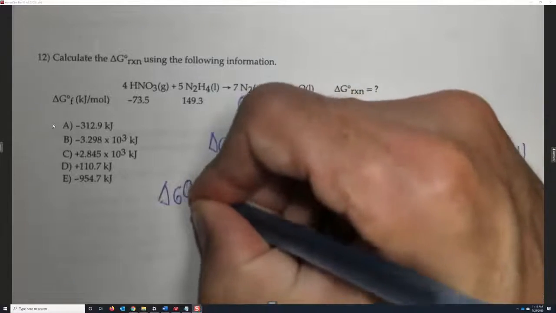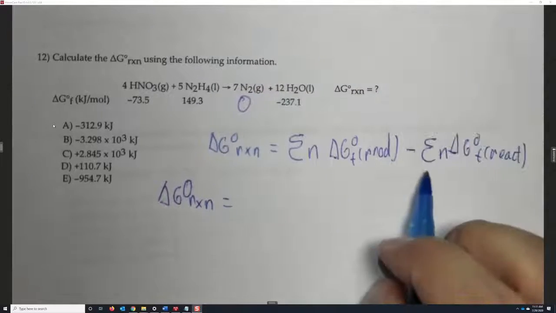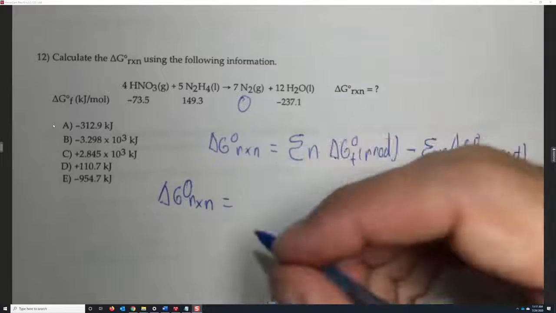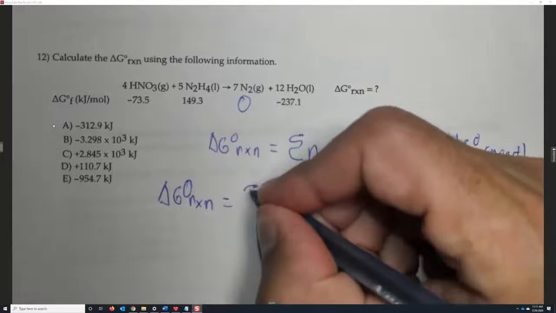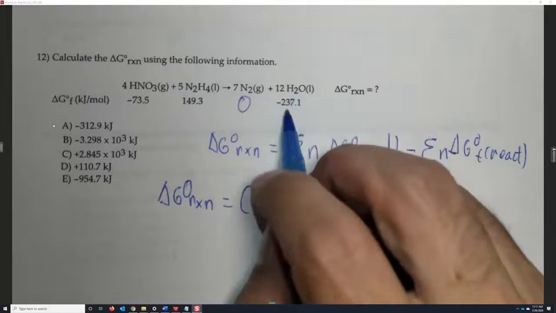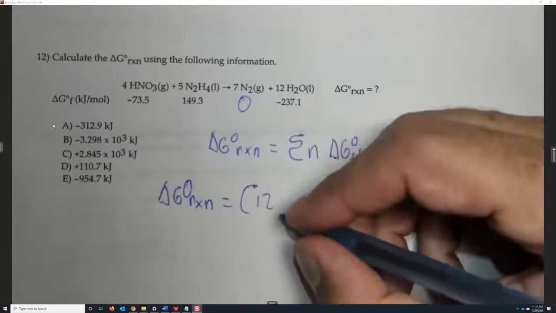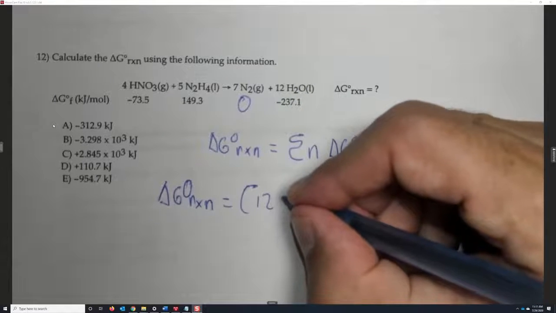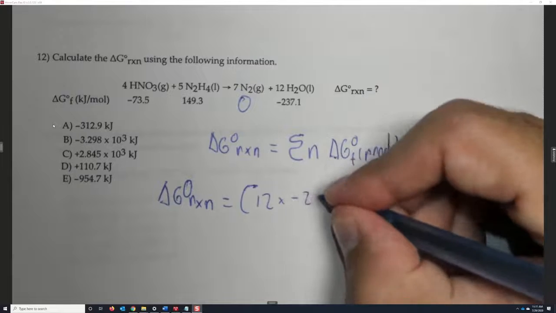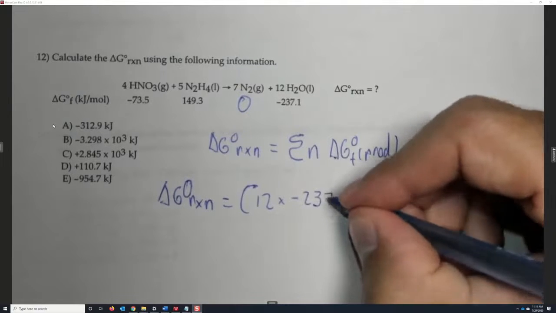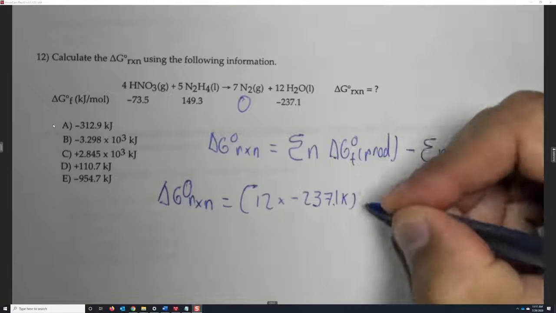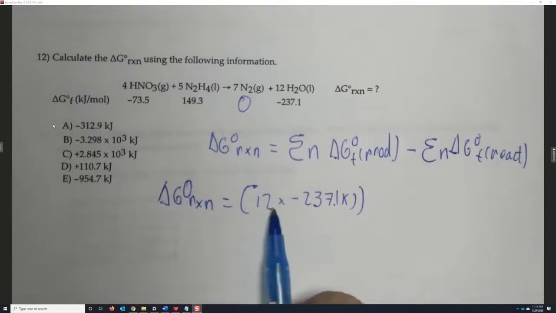Delta G naught of the reaction equals the products. So the first product is nitrogen, which is 0. The second product is water, and there's 12 of them. So 12 times minus 237.1 kilojoules. All right, and if you want, you could put this as 12 moles and this as kilojoules per mole.